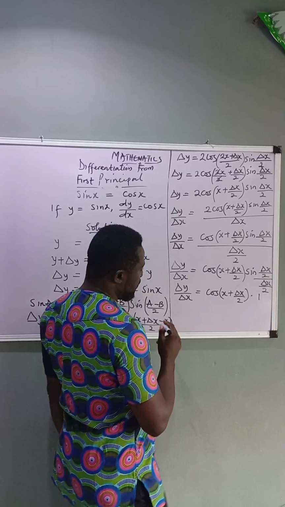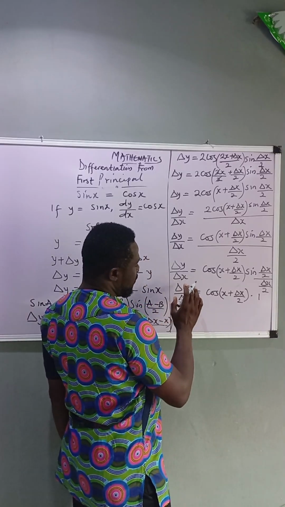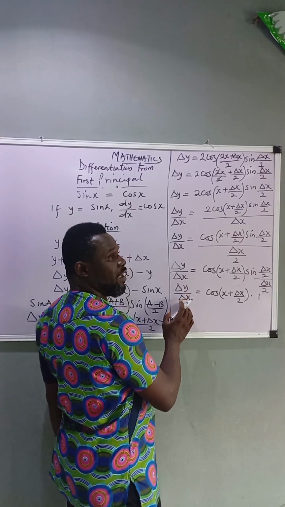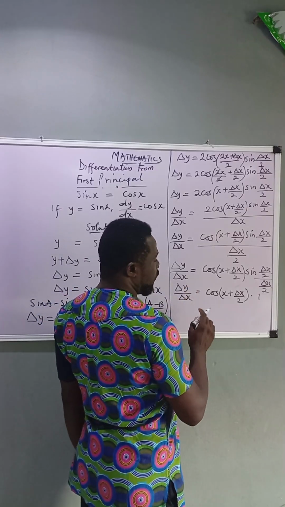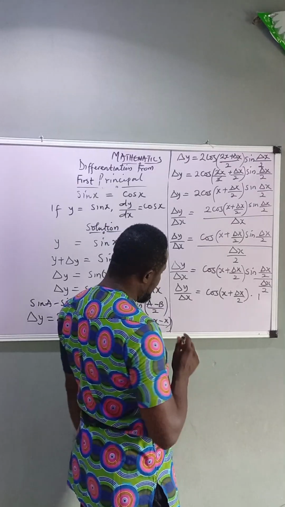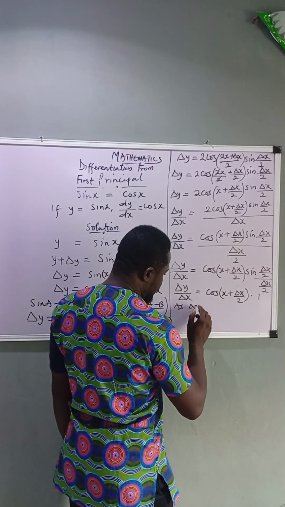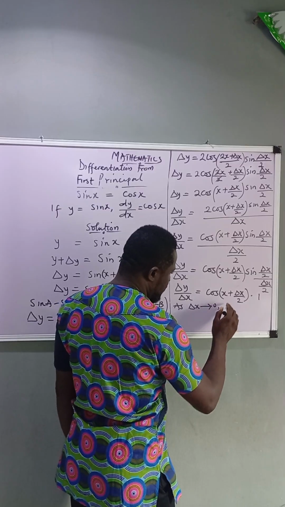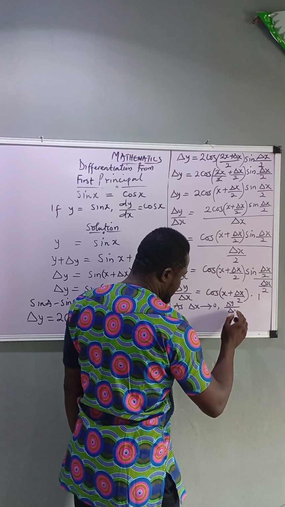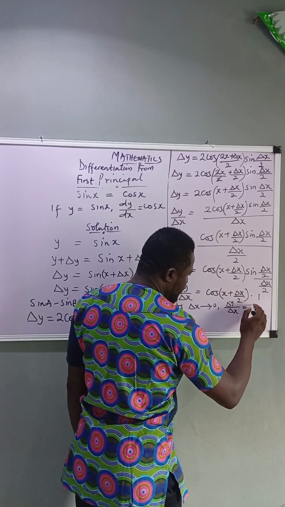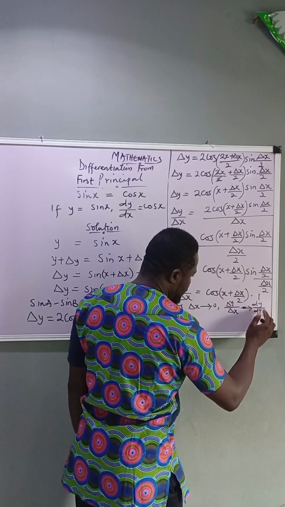So at this point, we can say that the limit of delta y over delta x as delta x tends to 0 will give us dy dx. Or I can just say as delta x tends to 0, delta y over delta x will tend to dy over dx.